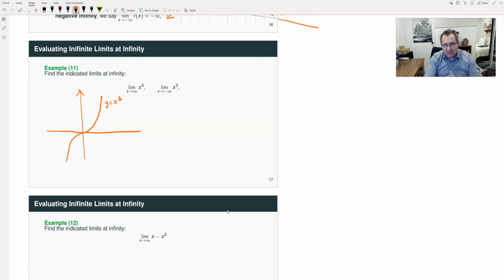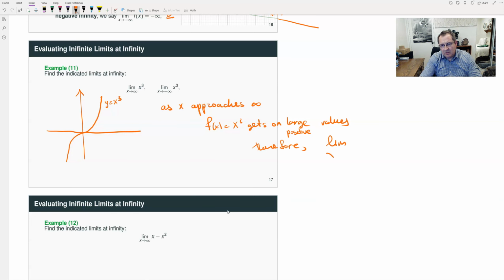And we realize that as x approaches infinity, f of x equals x cubed takes on large positive values. Therefore, the limit as x goes to infinity of x cubed is equal to infinity.